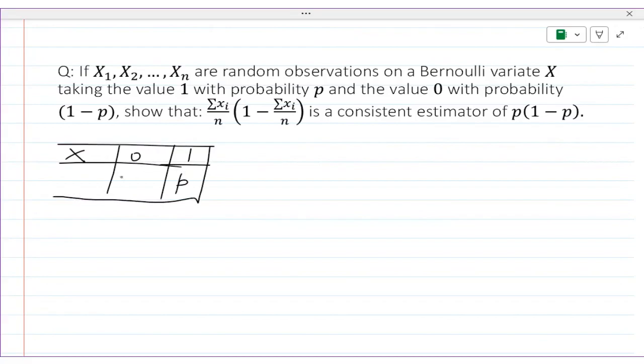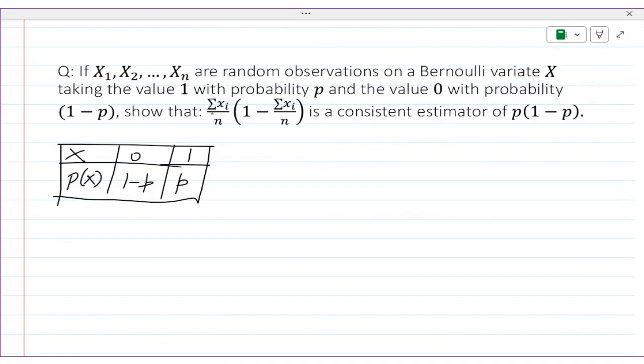The probability of zero successes, meaning failure, we denote by q, and q is actually 1 minus p. So this we know from unit 3. They are just repeating that x1, x2, xn are random observations of the Bernoulli variate, meaning they follow the Bernoulli distribution. It is given that the probability of 1 is p, and the probability of value 0 is 1 minus p.